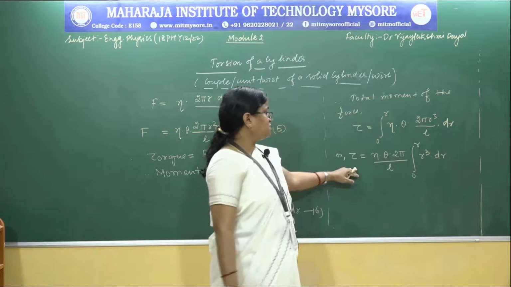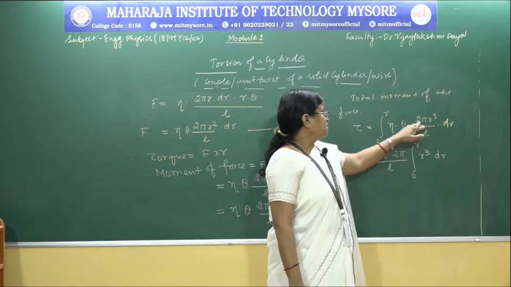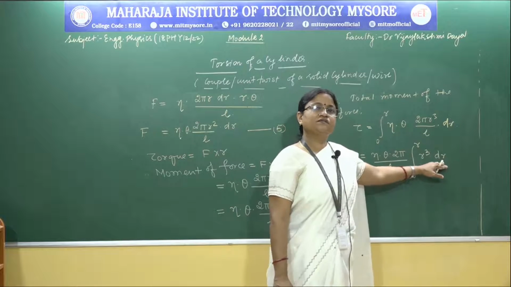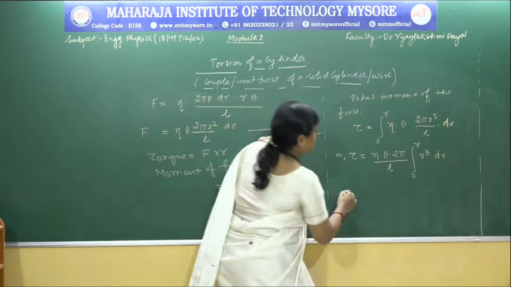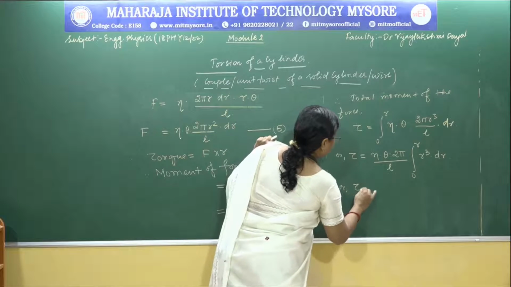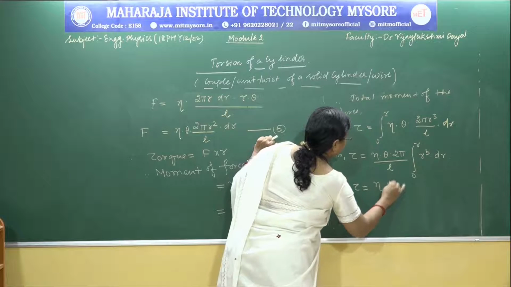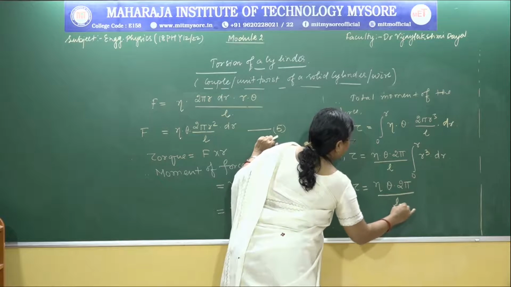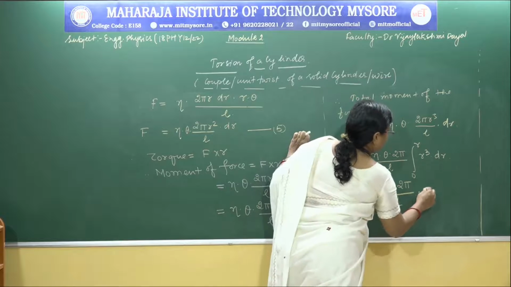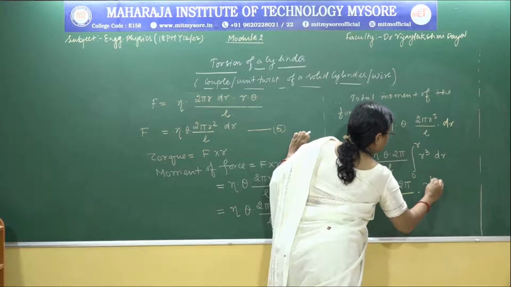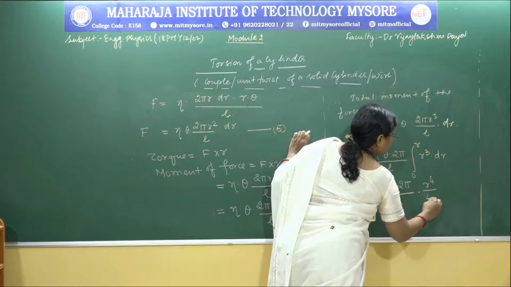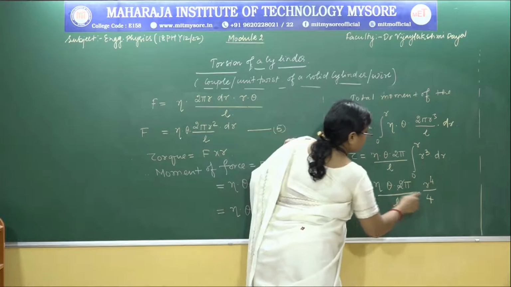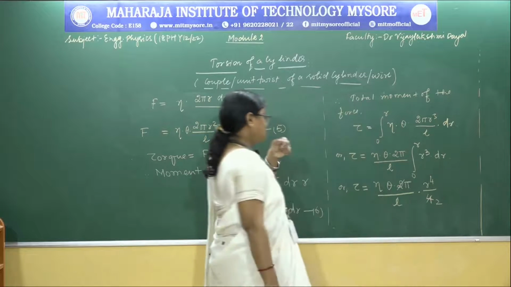We get tau is equal to eta theta 2 pi by L, and r cube we have to integrate with respect to dr. So we will get eta theta 2 pi divided by L, and integration of r cube will be r to the power 4 divided by 4, and will cancel out this 2.